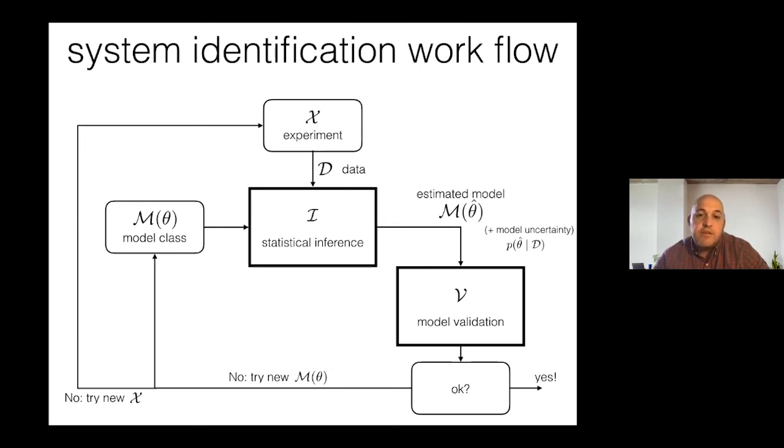You feed that into a statistical inference procedure, and out comes an estimated model and maybe some quantification of the model uncertainty. You validate your model, maybe by doing predictions on unseen data or designing a controller. If the model performs okay in the validation, great, you use it. And if not, you can then iterate and maybe do a new experiment with different inputs or try a more sophisticated model class and repeat this procedure.